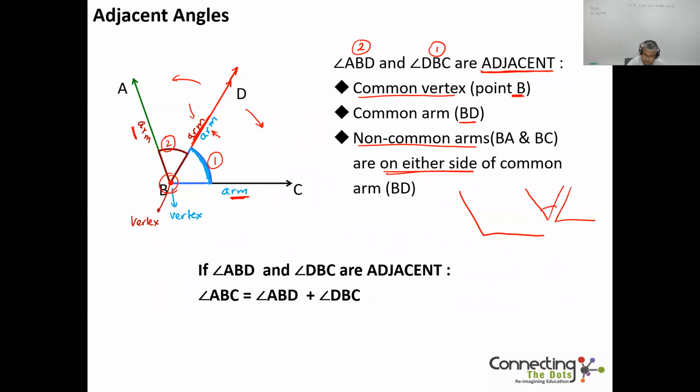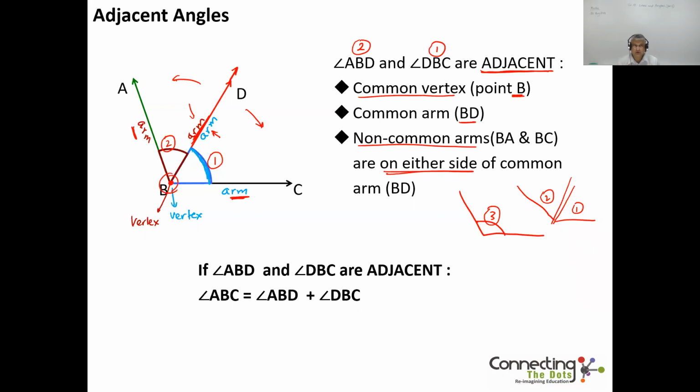So this is your angle 2 and this is your 1. Correct? You can see that. So this whole angle, 3, is 2 plus 1. Okay? So that is the power of adjacent angles. That you can take two adjacent angles and add them. It will become a resultant angle. And we are going to use this again and again and again.